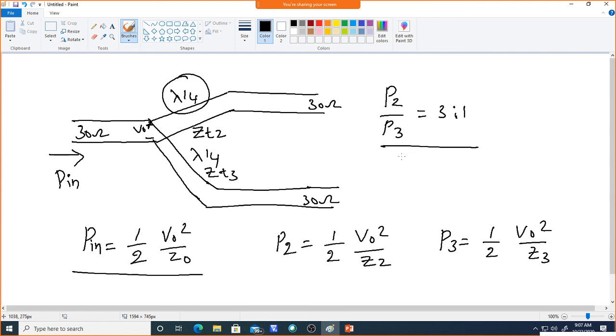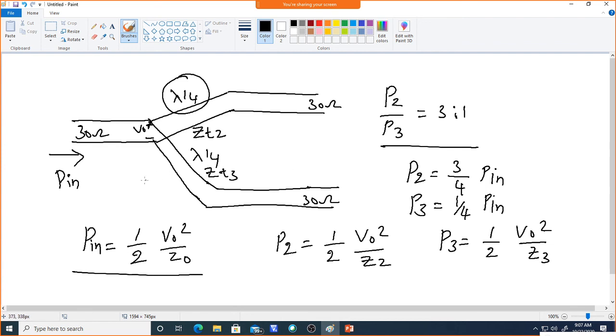So now we know the ratio, that is P2 is 3 by 4th of P1, and the ratio is 3 and 1. So 3 portions of the power are delivered to port 2, and 1 by 4th of P1, which is port 1 or P in, goes to port 3.